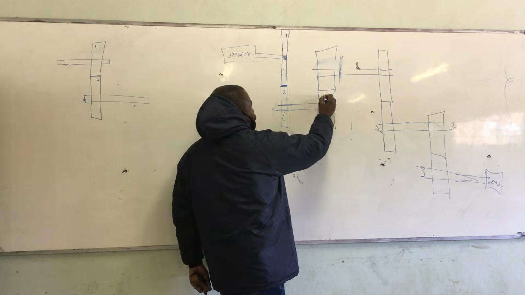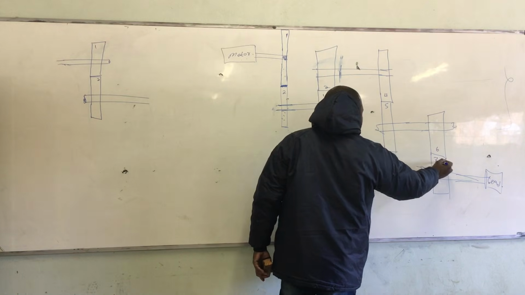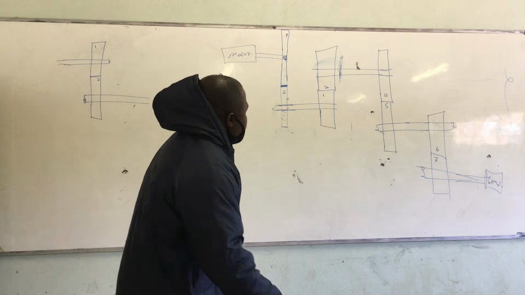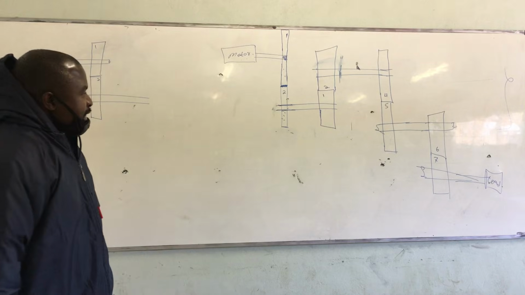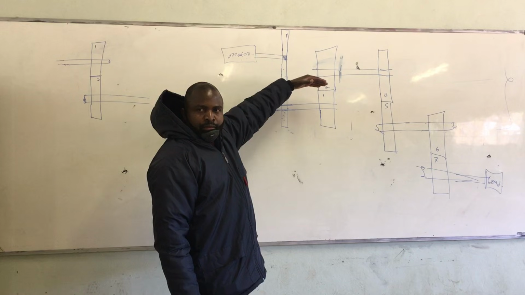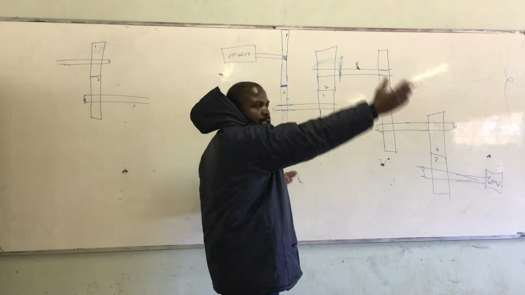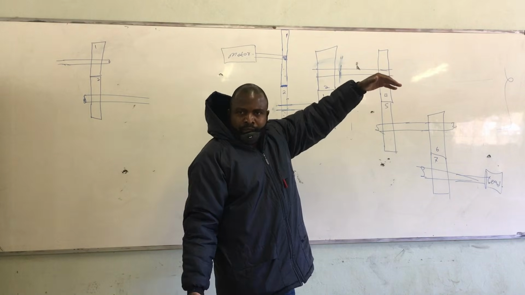So I have gear 1, 2, 3, 4, 5, 6, 7. So with these 7 gears, it does not matter how you place them. The way I place them, it means if I were to close them inside, I will need a bigger box.